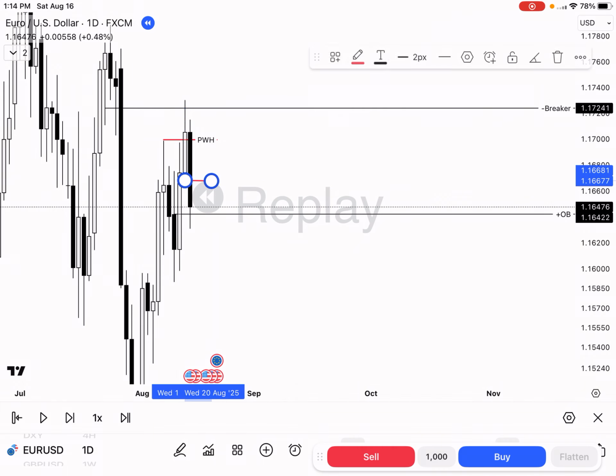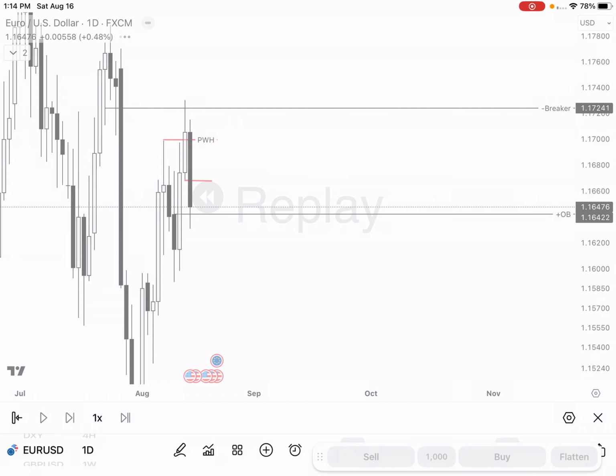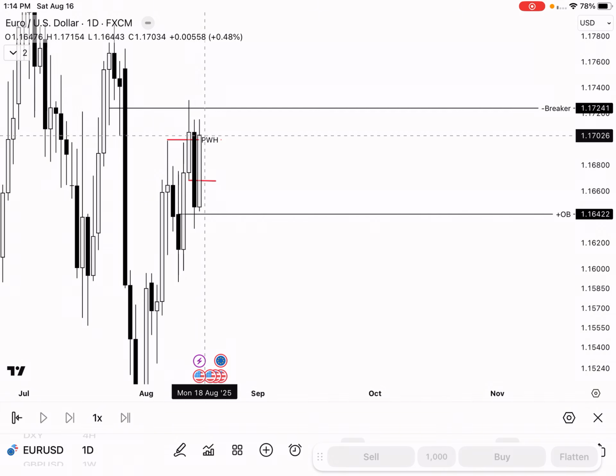So I was planning a sell on Friday, but in fact it did not give me the entry. I took some trades over here at the rejection block, and the market was chopping here and here and here. I closed with 0.5% profit.